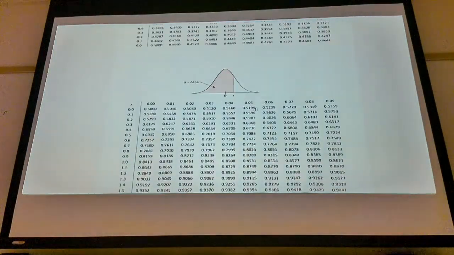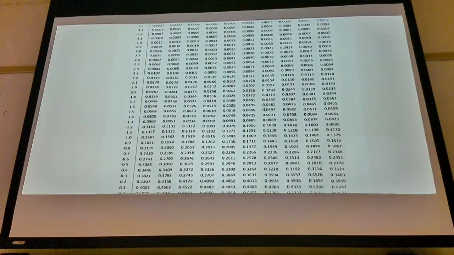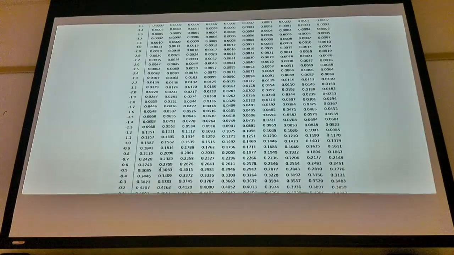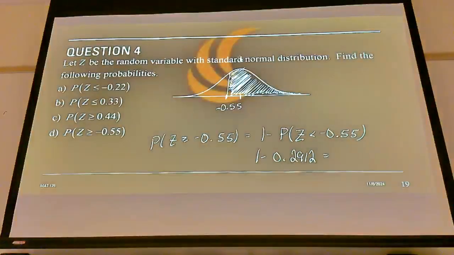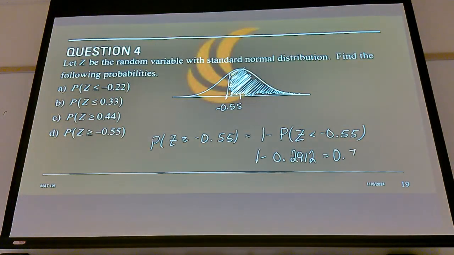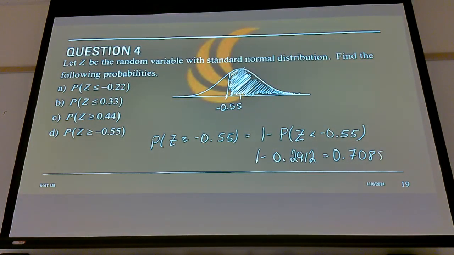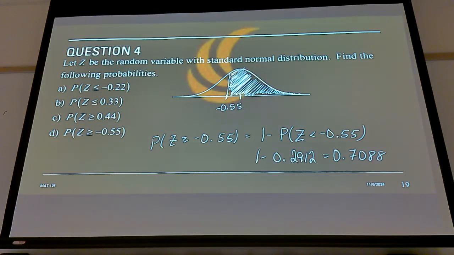Again, we are left at 0, so we're up on this first page. 0, 1, 2, 3, 4, 5. 0.2912, which is 0.7088. Right?